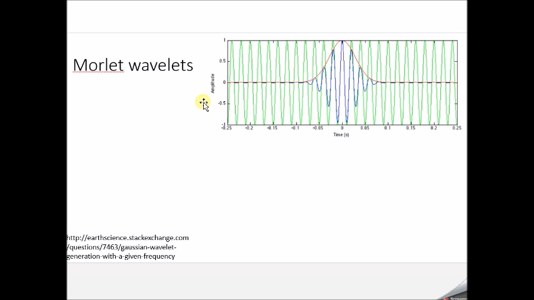The wavelet in this case is your filter. What's special about the Morlet wavelet is that it is the product of a sinusoid, in this case I think it's 50 hertz, with a Gaussian distribution. So the sinusoid is in green, the Gaussian is in red, and its product is in blue, the Morlet wavelet.